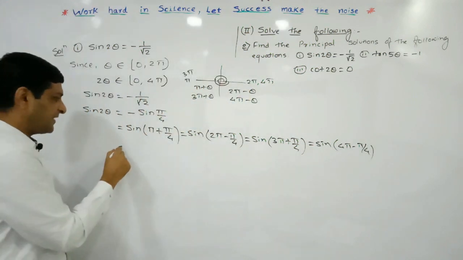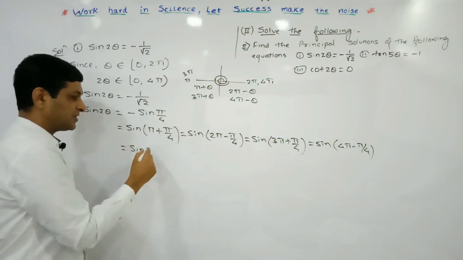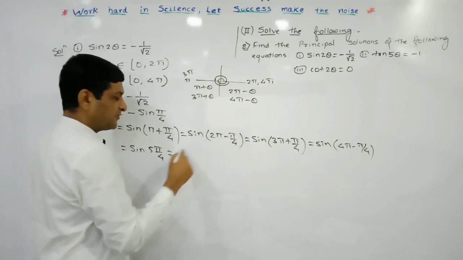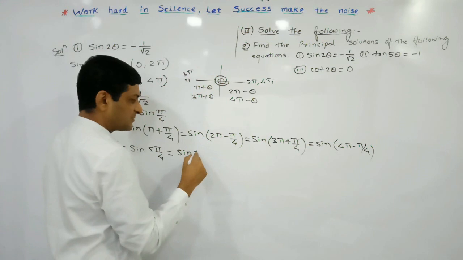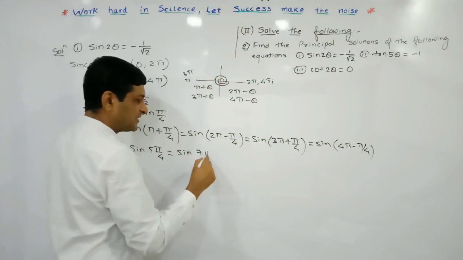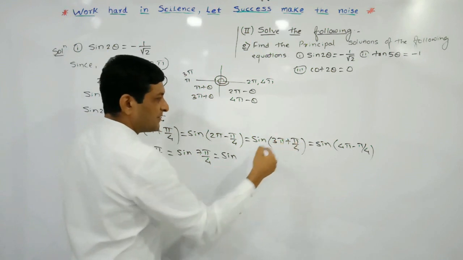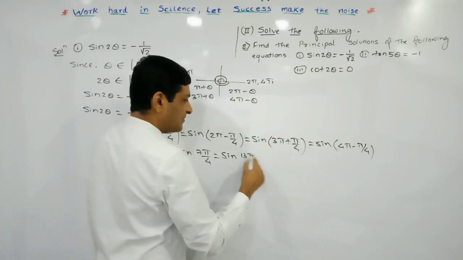So let us simplify it. If we take cross multiplication here, we will get 5 pi by 4. Here also, taking cross multiplication, 4 2s are 8, 8 pi minus pi will be 7 pi by 4. Then 12 pi plus pi, 13 pi by 4.